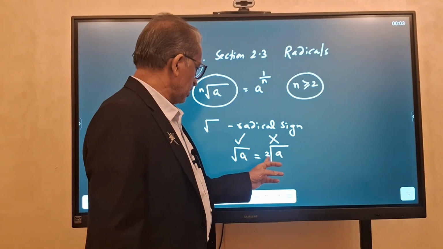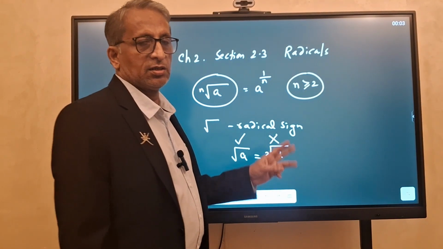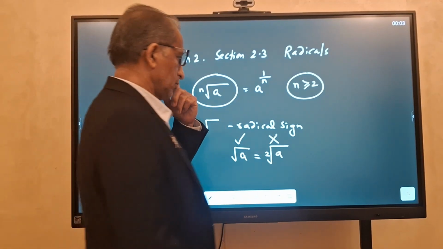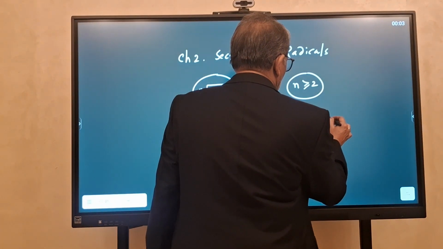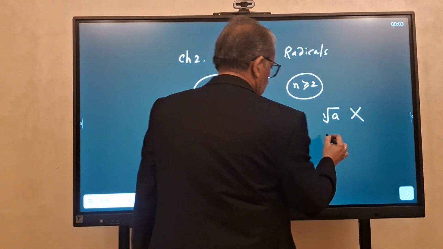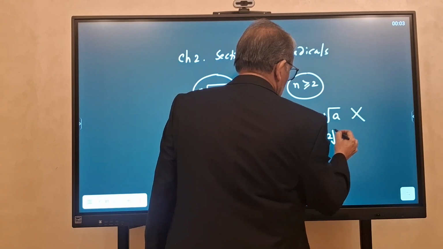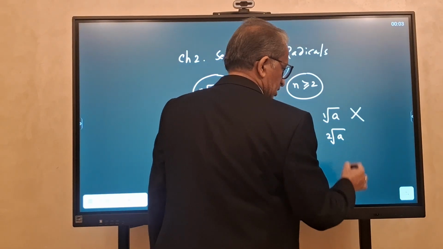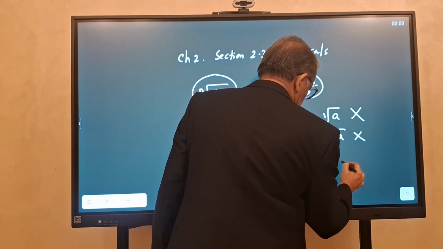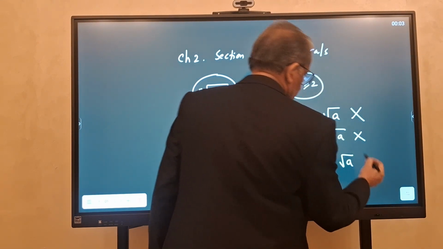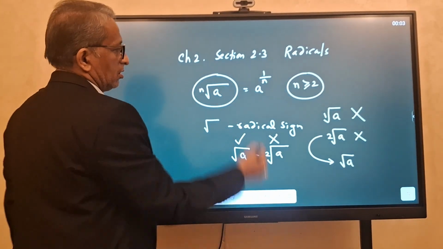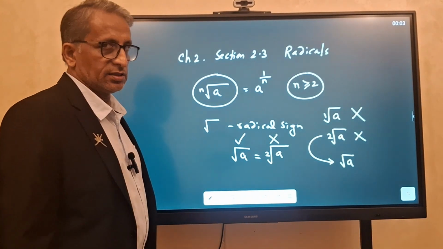The number here, you should write 3 onwards. Not 1, not 2. 1 root a is not a radical. 2 root a, yes, it is a radical, but we don't write it this way. We write just this. So this is what we call radicals.